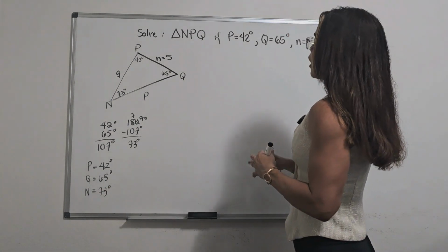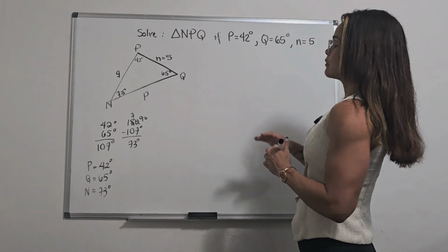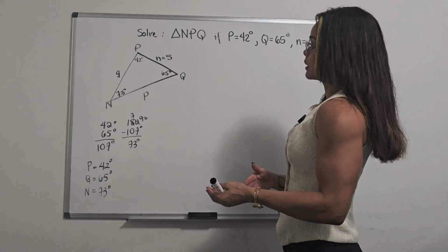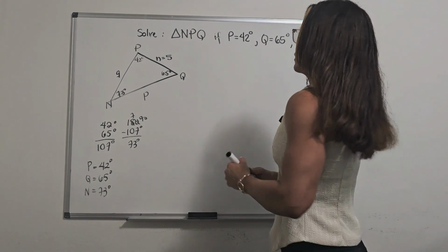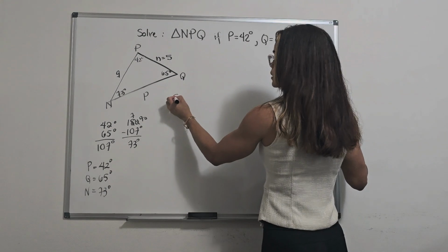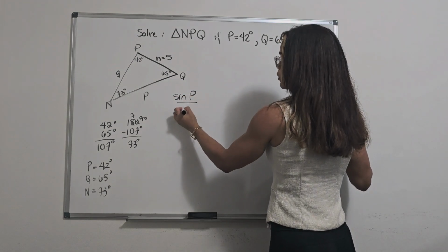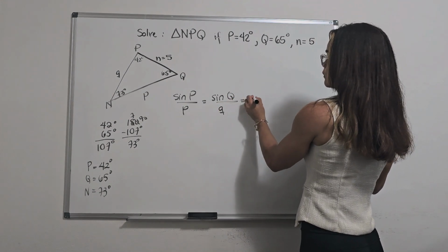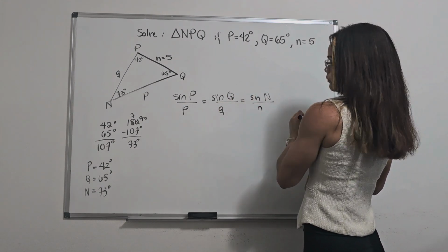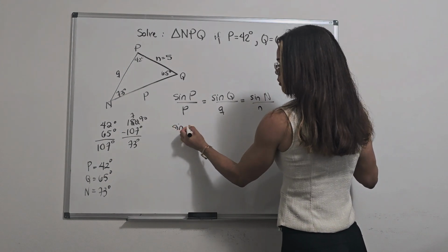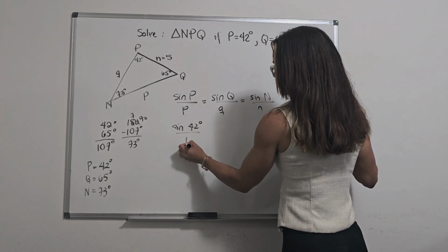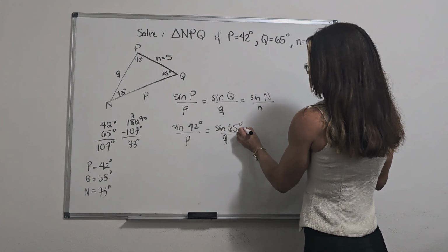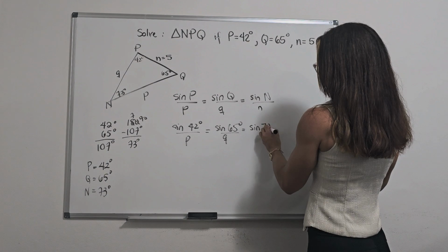Now for the sides, we can use the law of sines to determine the missing sides, the measurements of P and Q. By the law of sines, the ratio of sine of P over P is equal to sine of Q over Q, which is equivalent to sine of N over N. So sine of 42 over P is equivalent to sine of 65 over Q, which is equivalent to sine of 73 over 5.